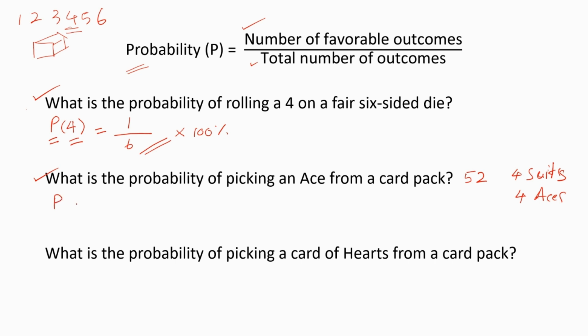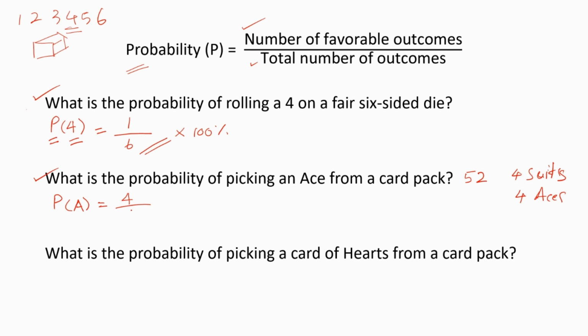So the probability of picking an ace, we can denote by including the letter A, equals the number of favorable outcomes. How many aces are there in a card pack? There are 4 aces. So there are 4 favorable outcomes divided by the total number of outcomes. How many cards in a card pack?